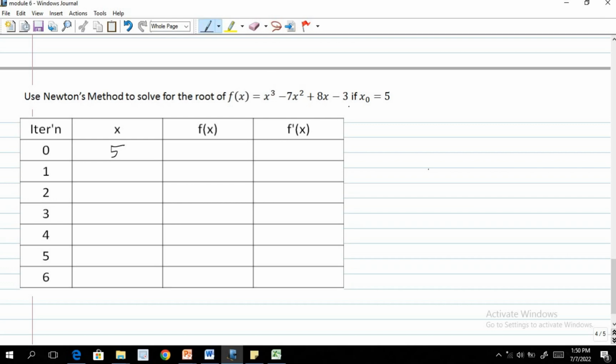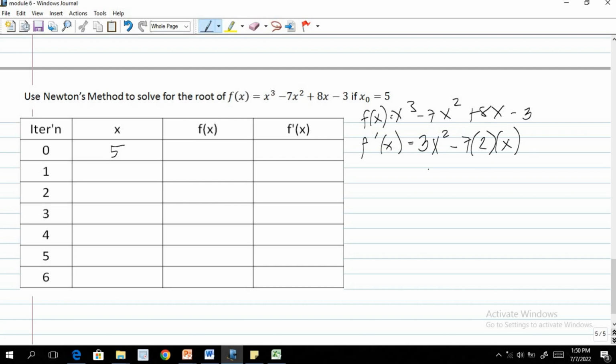If our function of x is equal to x cubed minus 7x squared plus 8x minus 3, the derivative of this function is equal to, what would be the derivative of x cubed? Correct. X cubed uses the power rule in differential calculus. So this is equal to 3x squared. As for negative 7x squared, the derivative of that is negative 7 times 2x.